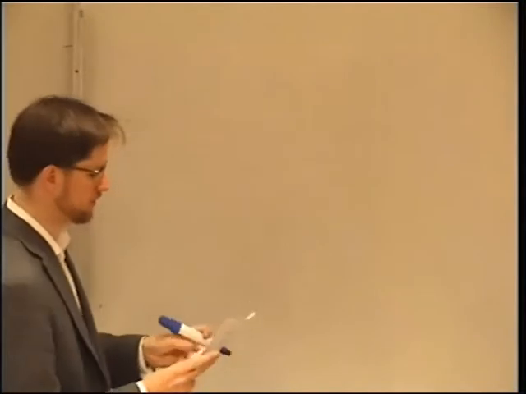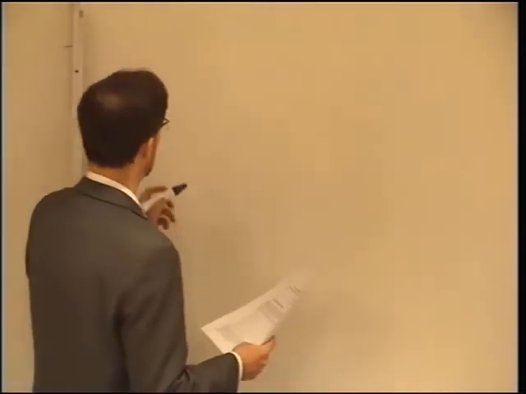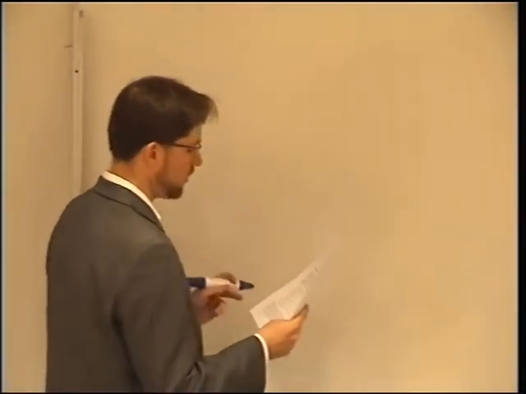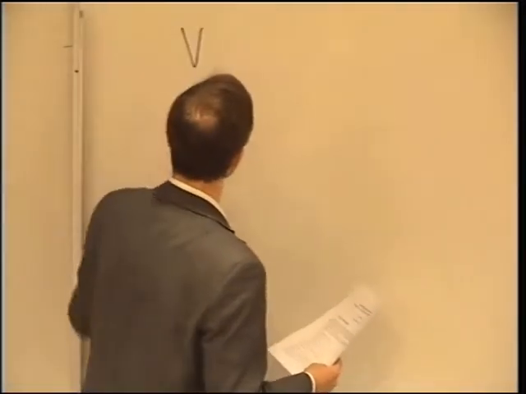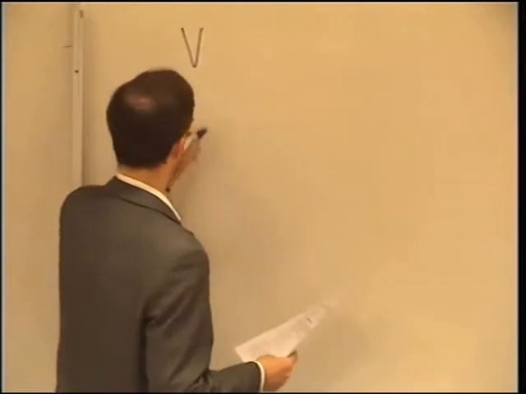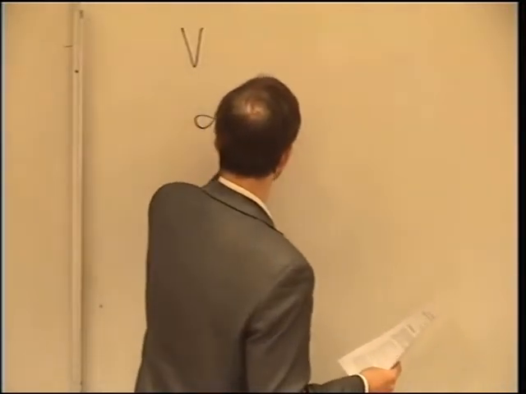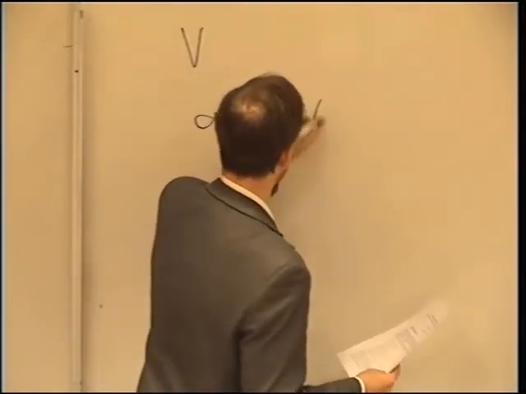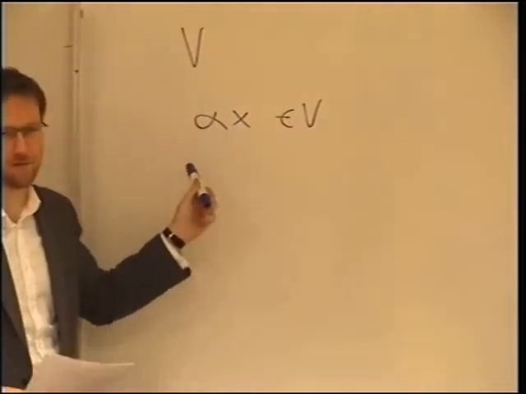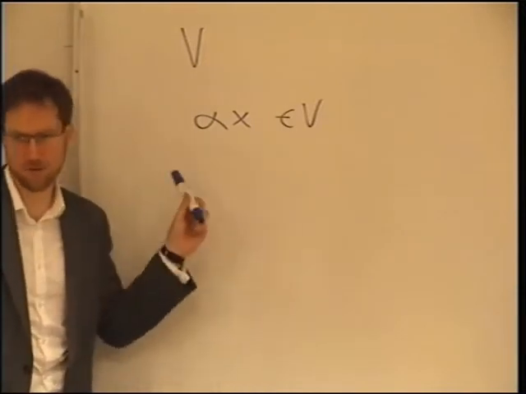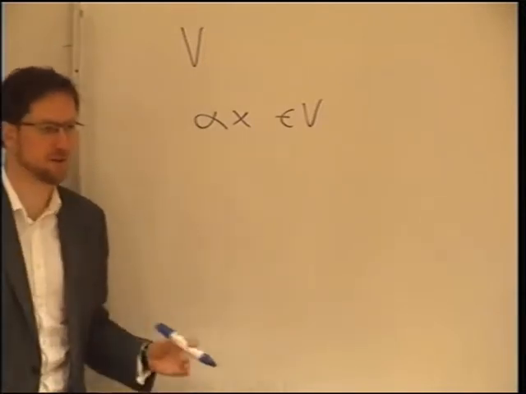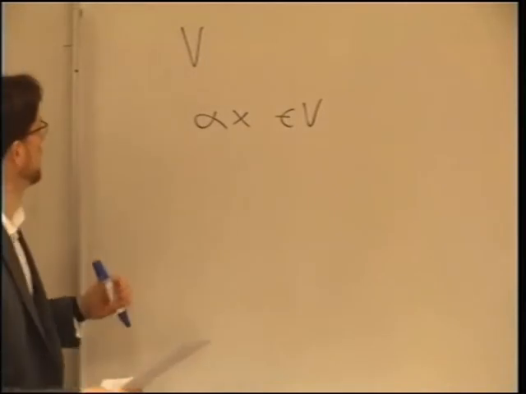Like last time, I'm going to use Greek letters for the scalars and Roman letters for the vectors. If we have our set V, which is a vector space, then alpha x is in V, where x is any vector in V and alpha is any scalar. For the purposes of these lectures, a scalar is a real number. You can have complex valued vector spaces, but we're not concerned with those.